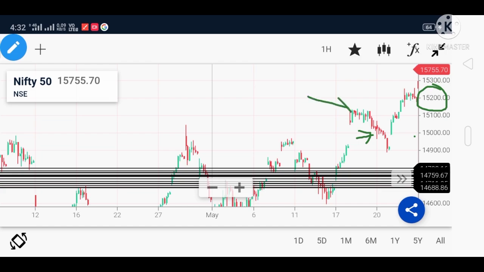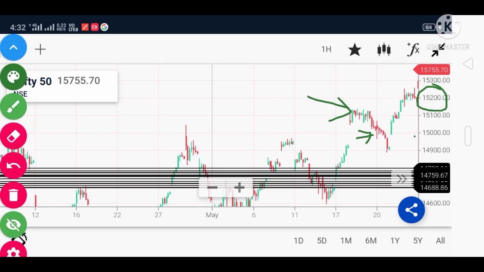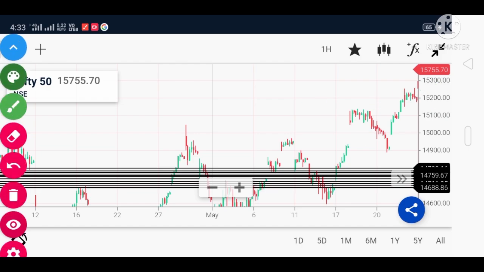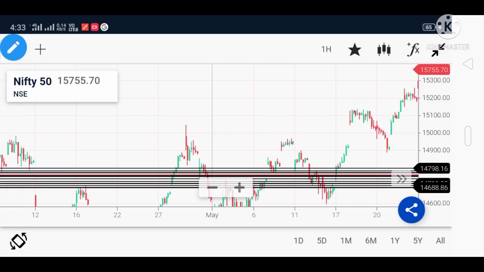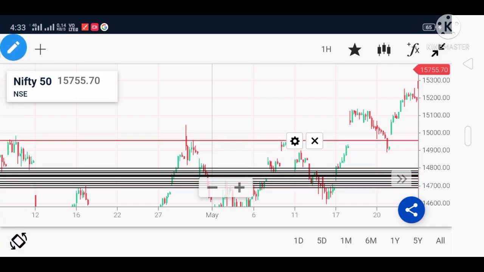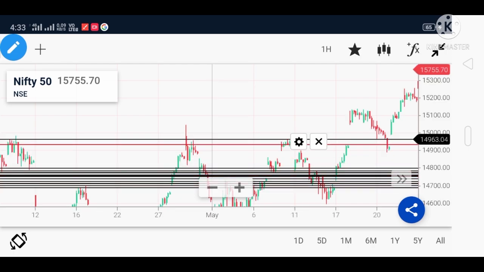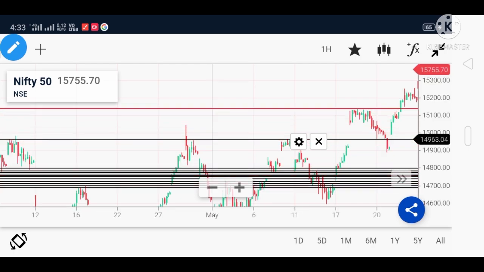Now see here. Can you see? At this point, so many wicks, almost 3-4 wicks I can see. And here we can also see a wick. So let's start marking. One line first here. We did the larger wick first. Then this one, and this is done too.